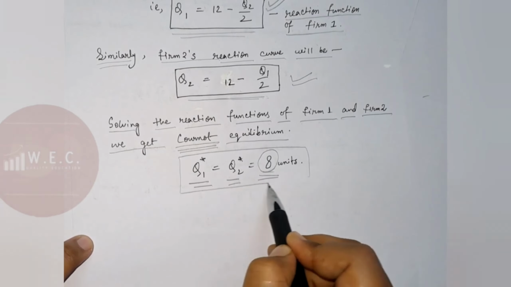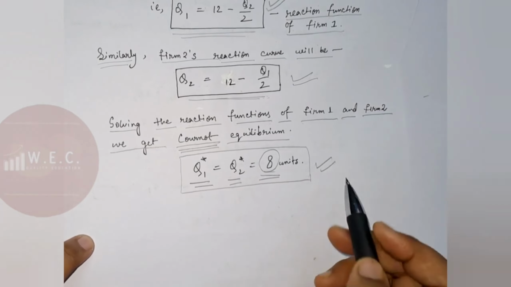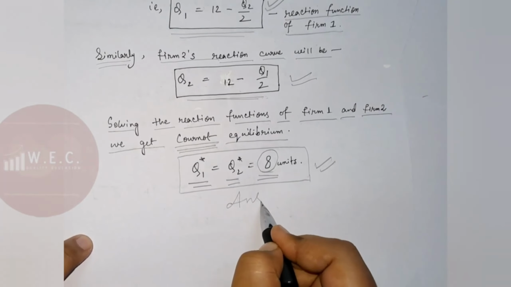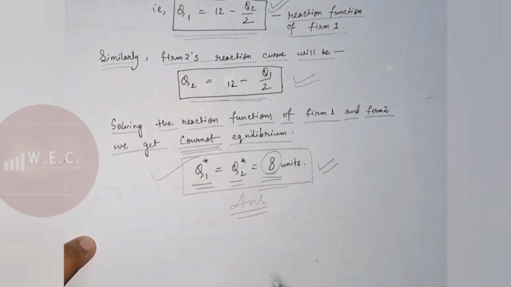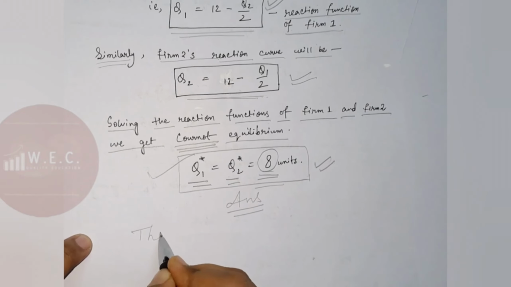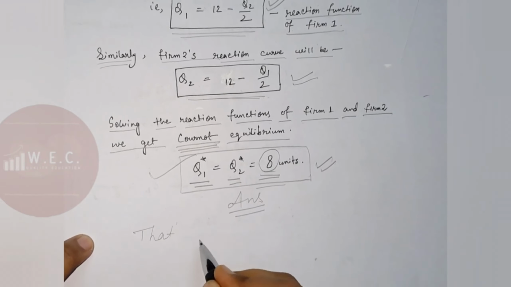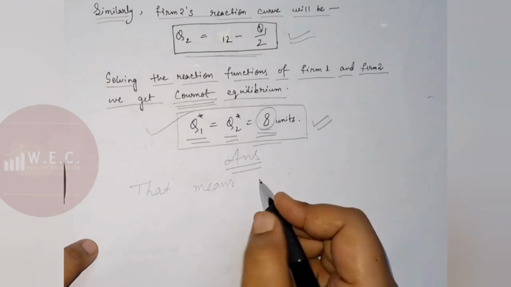Firm 1 will produce 8 units and firm 2 will produce 8 units as well.